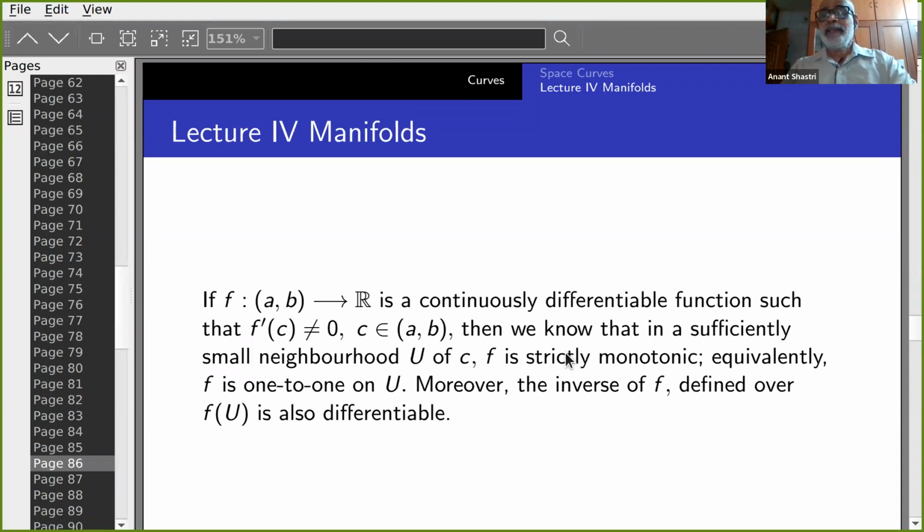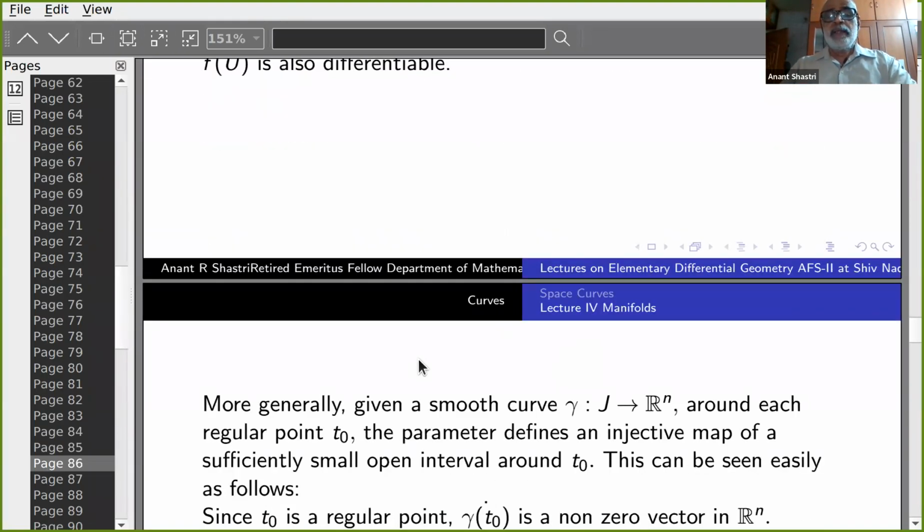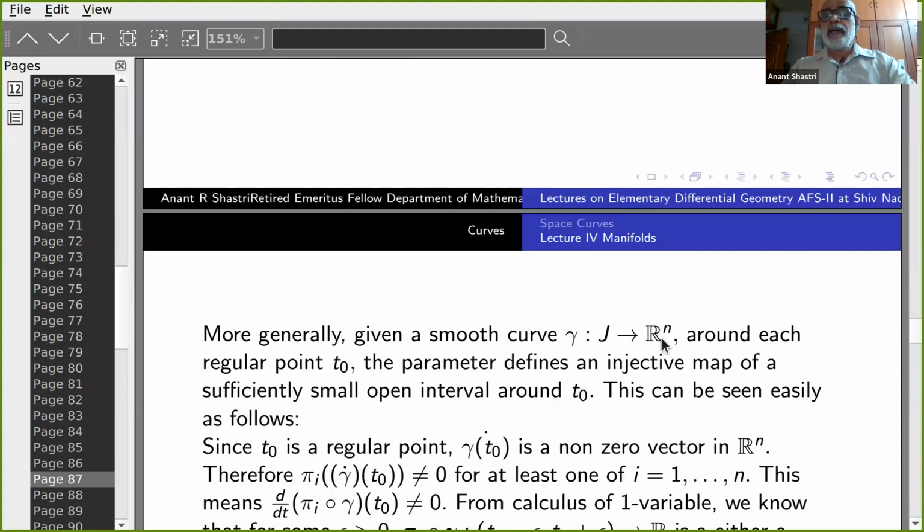Slightly more general and slightly weaker is the following. Take a smooth curve gamma from J into R^n. Around each point t0 where gamma is regular, which just means that gamma dot of t0 is not zero, the parameterization gamma defines an injective map of a sufficiently small open interval around t0.